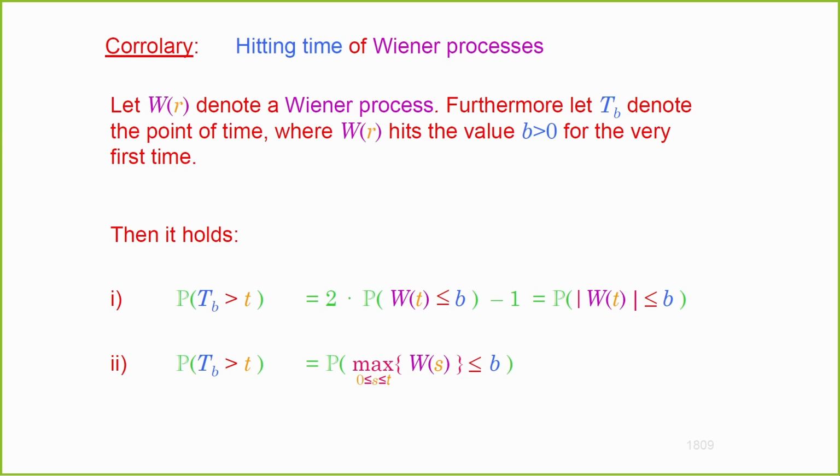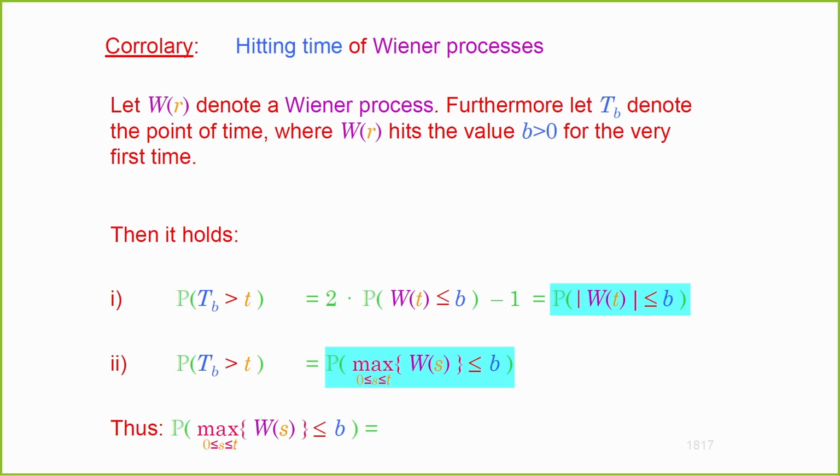And now you see that these two are equal. So the probability of this happening, which means that the maximum is not greater than b, this is the cumulative distribution function of the maximum Wiener process at that point of time, is going to be the same as this expression. So this is the cumulative distribution function of that, and this proves the statement that I was making.